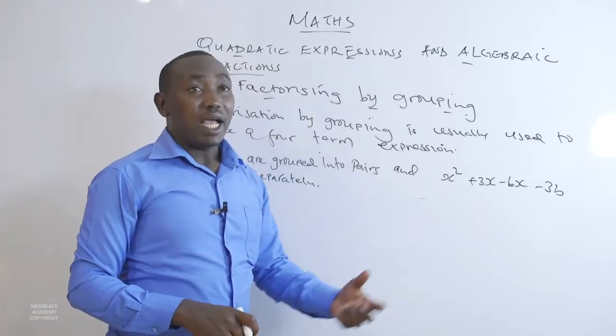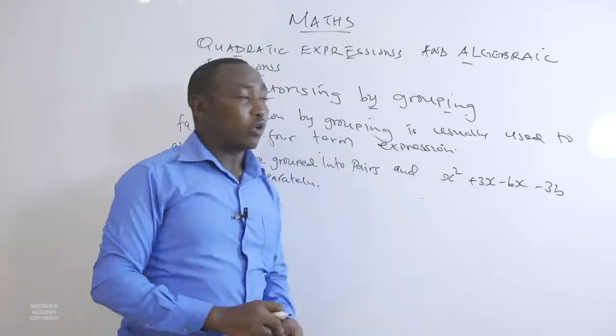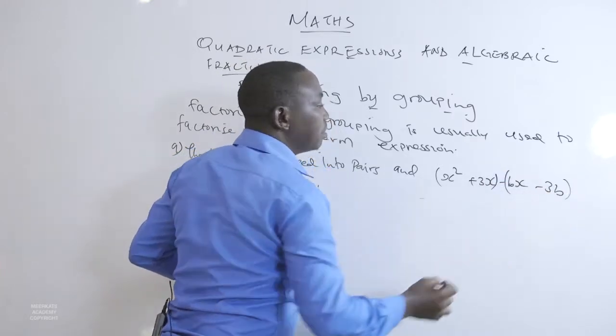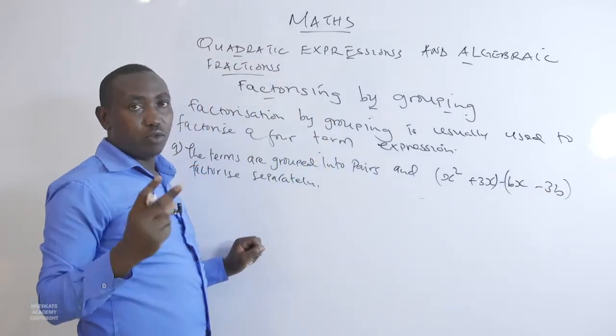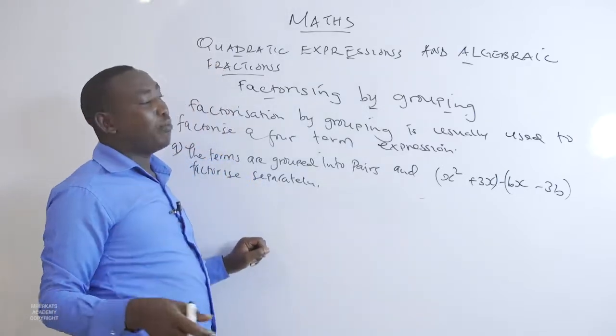Now in this particular case, you can see that there's x, there's b, there's b. So you can first pair up these terms. Pairing means you put them into twos. Then you factorize each independently.